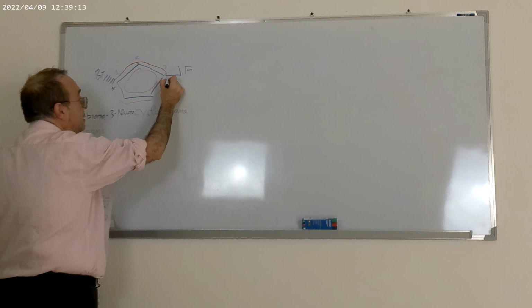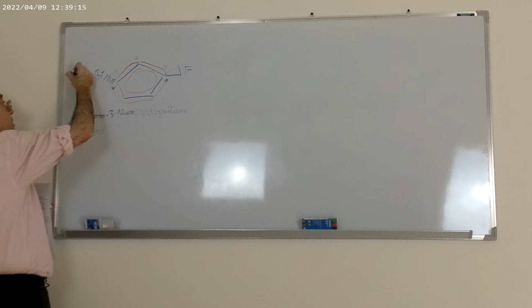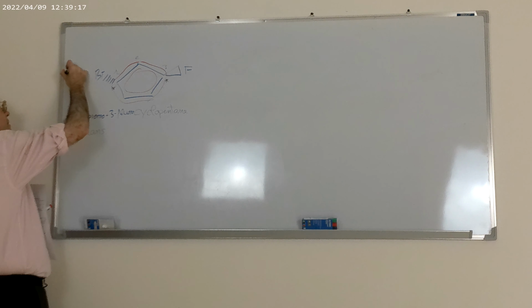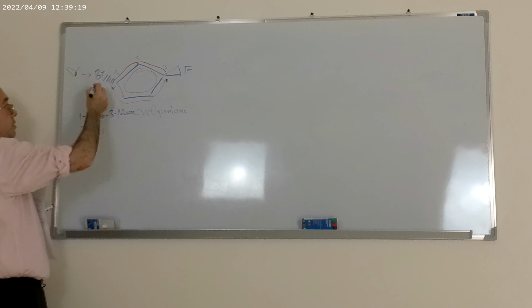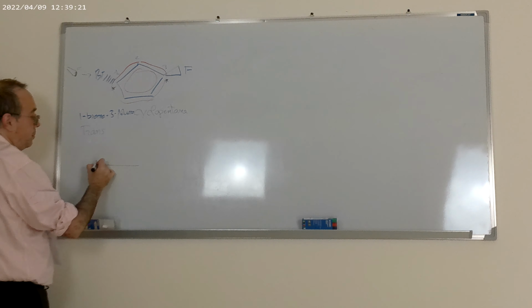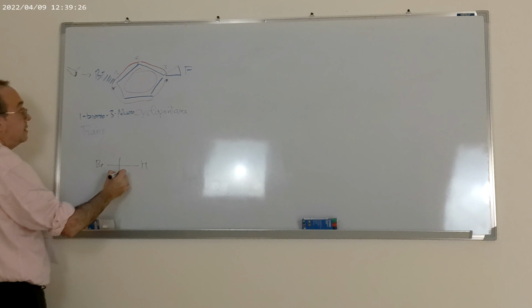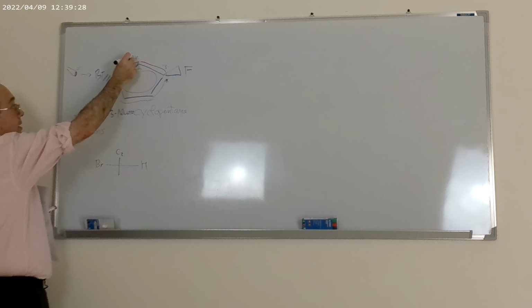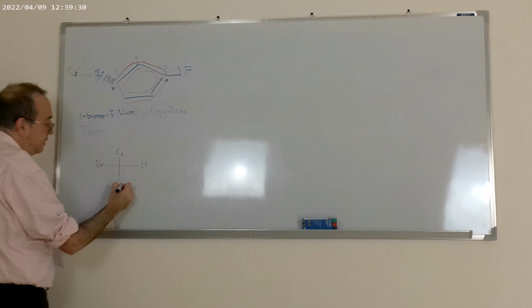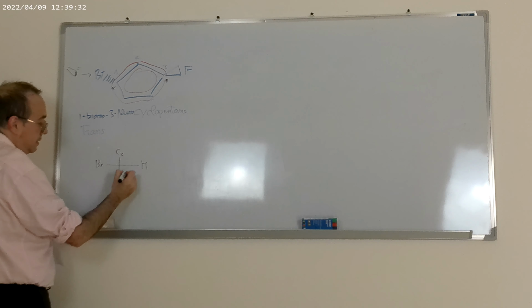The bromine and the fluorine, and we can put our eye here. If we put our eye here, we have bromine on our left, hydrogen on our right, C2 up, and C5 down.